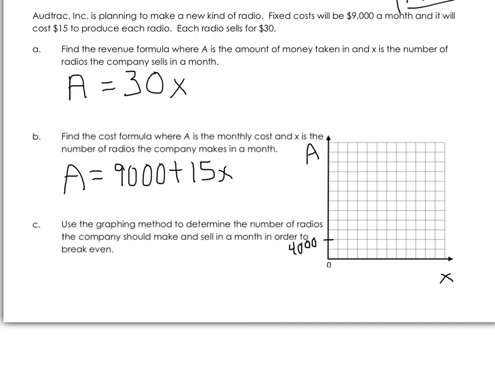Let's let every block be 2,000. 6,000, 8,000, 10,000, 12,000, 14,000, 16,000, 18,000, 20,000, 22,000, 24,000.